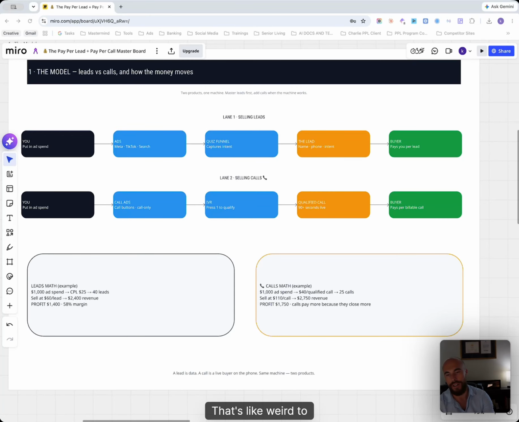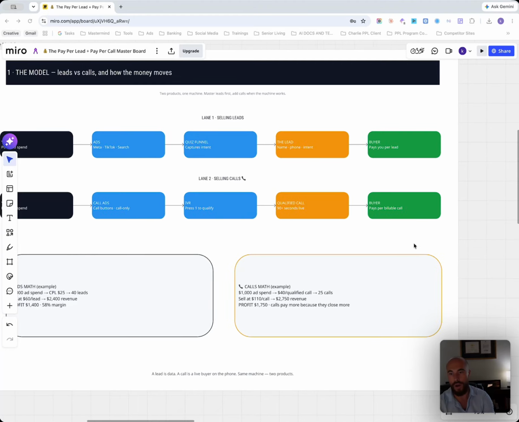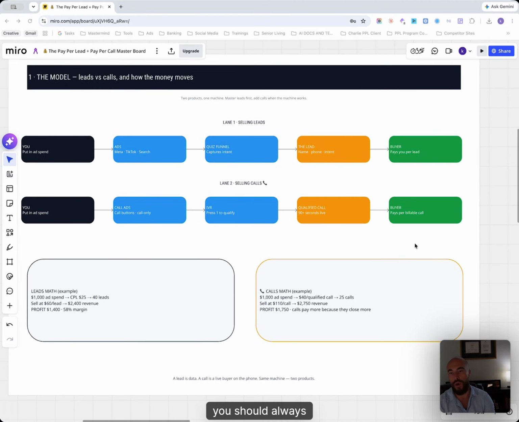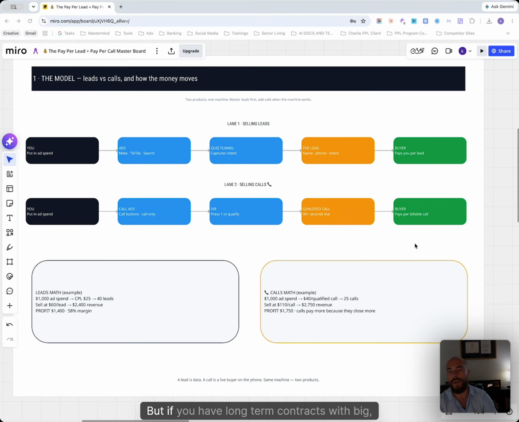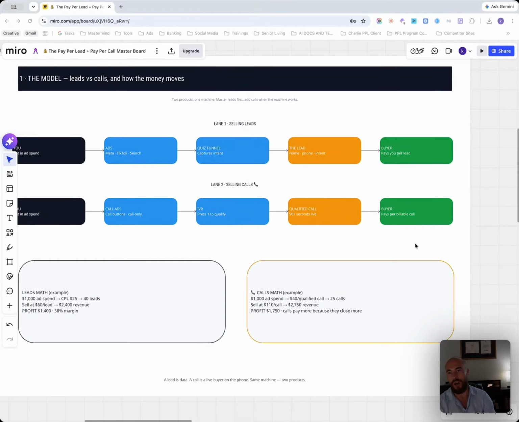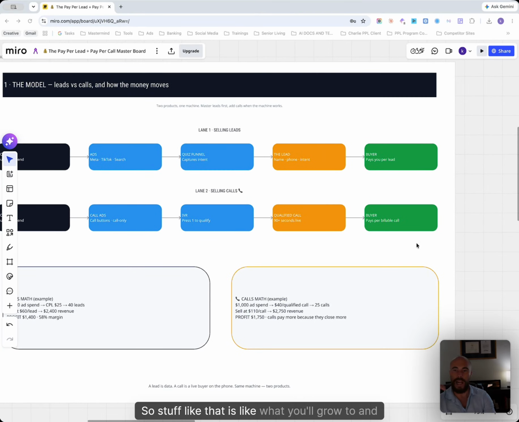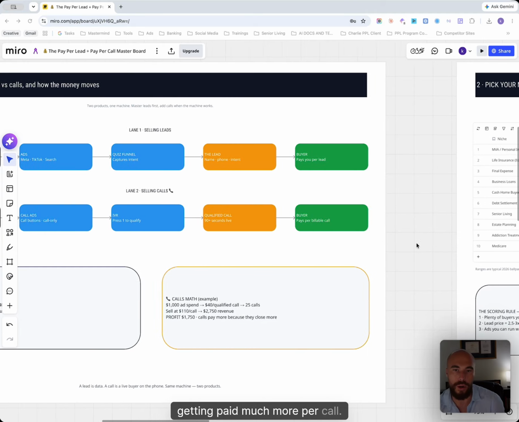That's weird to do, because now you're relying on them in an industry you don't know. So if you're just starting out, you should always have them pay up front. But if you have long-term contracts with big commercial buyers, like big insurance agencies, we do pay per billable call. When a call comes in, we get paid for it. Stuff like that is what you'll grow to, and eventually you're getting paid much more per call.